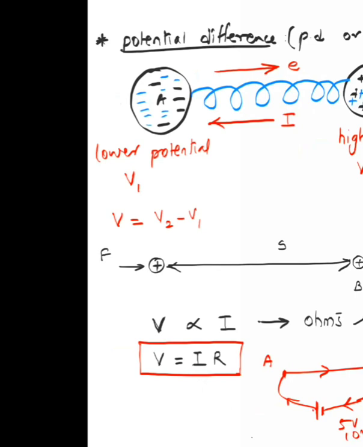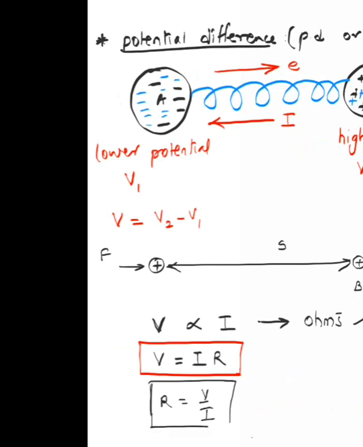But the resistance will remain the same. Resistance will never change. And also, Himani, if you cross multiply, you'll get R is equal to V upon I. So resistance is basically the ratio of V and I, the potential difference and the current.